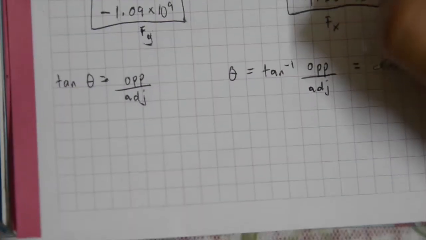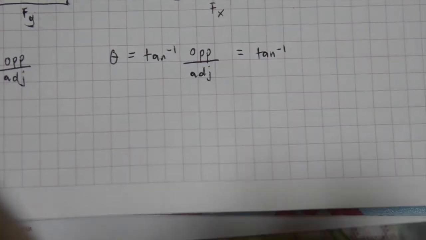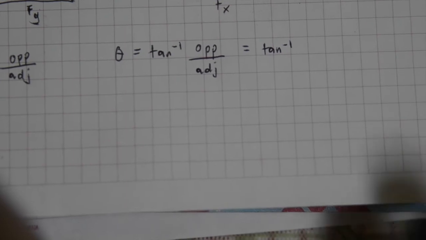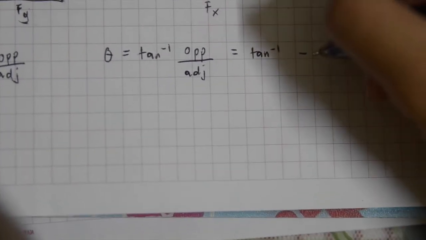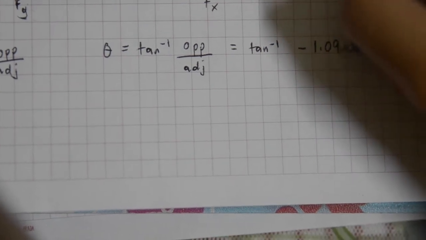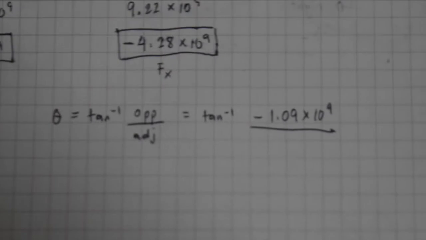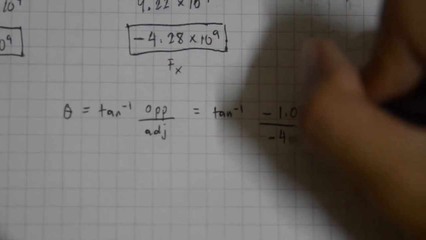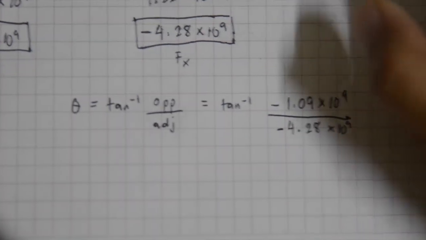Since we will be getting an angle that is against the horizon, the opposite will be the vertical. So let's put negative 1.09 times 10 to the 9 over adjacent, which is the horizontal value, negative 4.28 times 10 to the 9th.